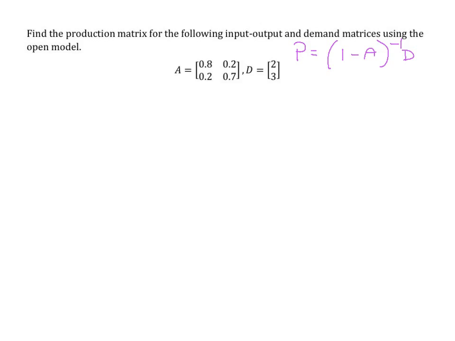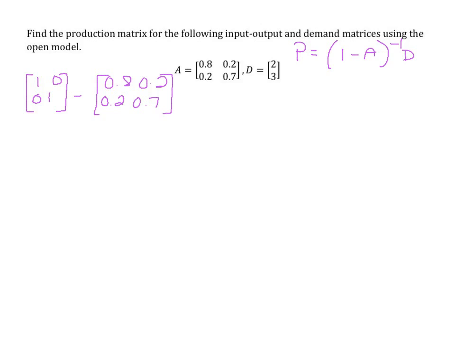So we first want to take our identity matrix. So we have a 2 by 2 with A, so we're going to take a 2 by 2 identity matrix, so 1, 0, 0, 1, and subtract 0.8, 0.2, 0.2, 0.7.